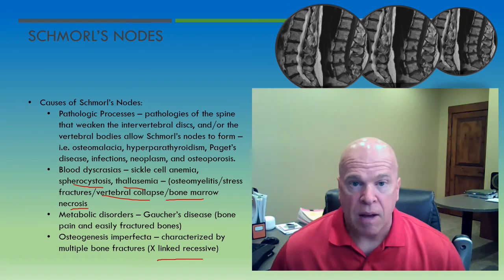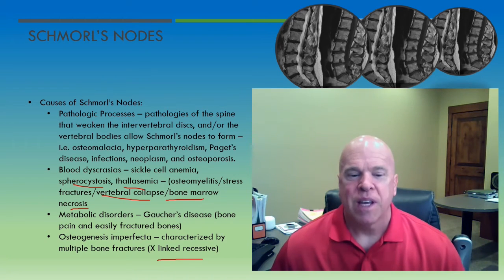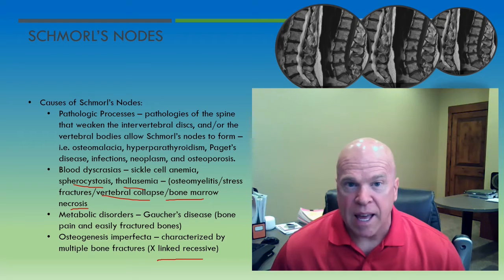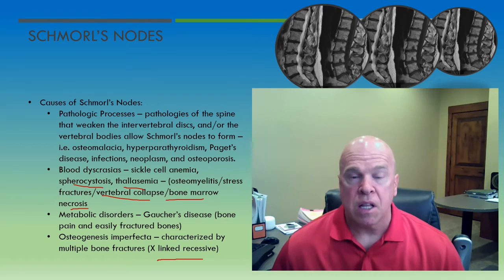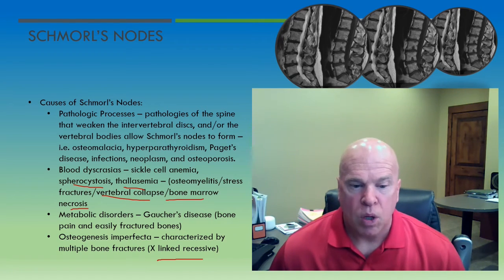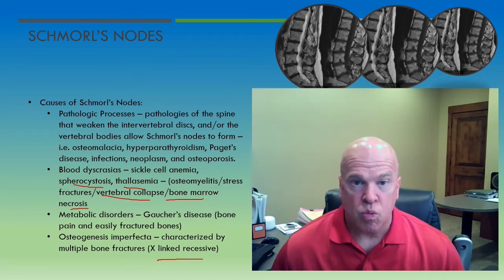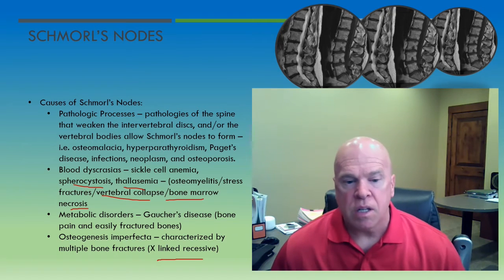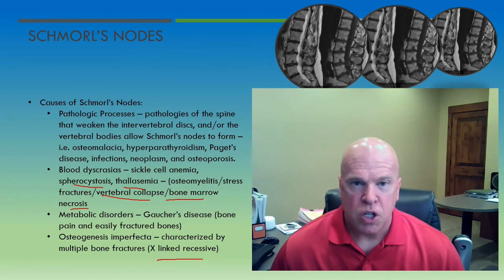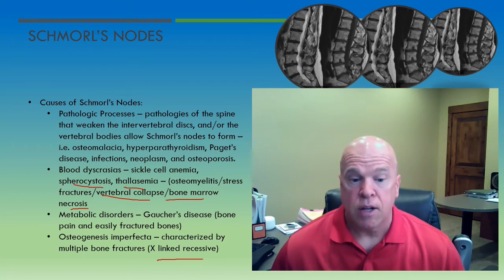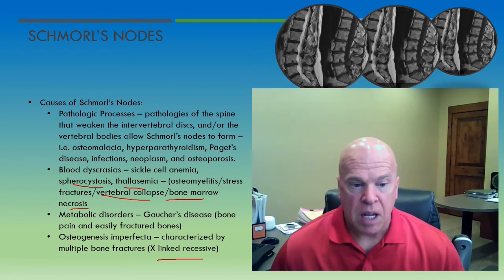Females, however, have two X chromosomes, and so a female can have normal development of the skeleton when only one of the X chromosomes carries this recessive gene that creates mutation in the developing bone. So all of these conditions are associated with Schmorl's nodes, and Schmorl's nodes development at any age.